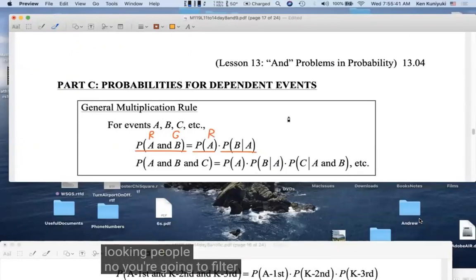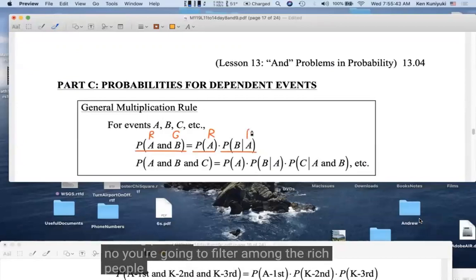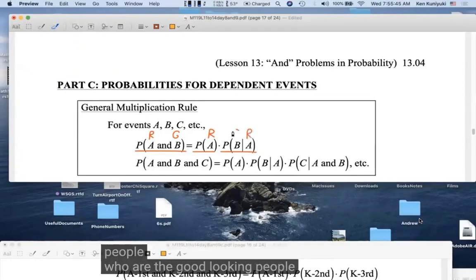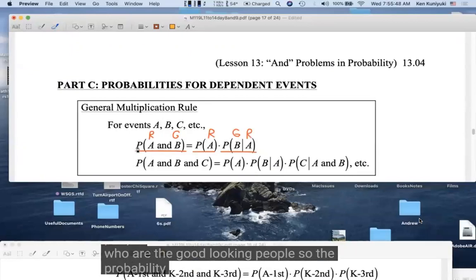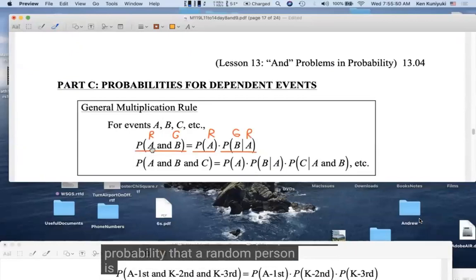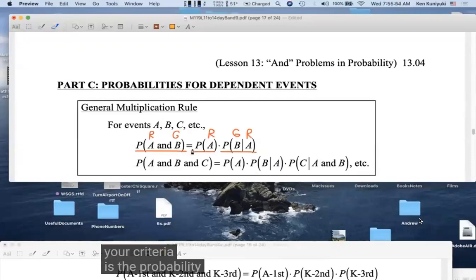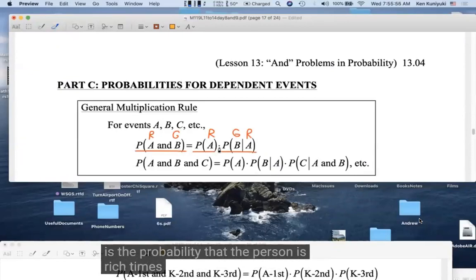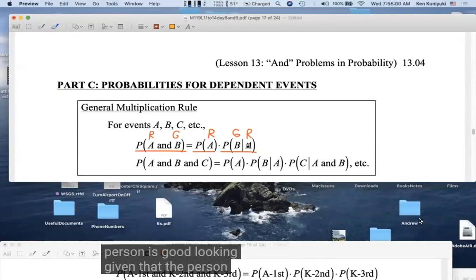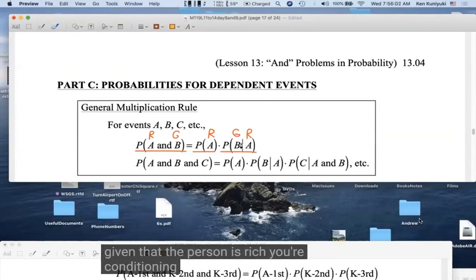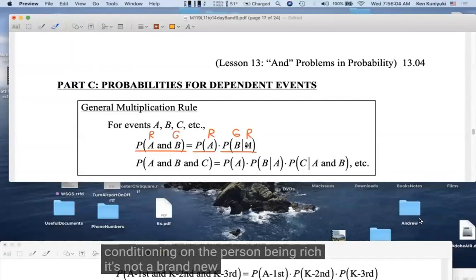No, you're going to filter among the rich people who are the good looking people. So the probability that a random person is rich and good looking, according to your criteria, is the probability that the person is rich times the probability that the person is good looking, given that the person is rich. You're conditioning on the person being rich. It's not a brand new search. You're filtering. It's like a filter.